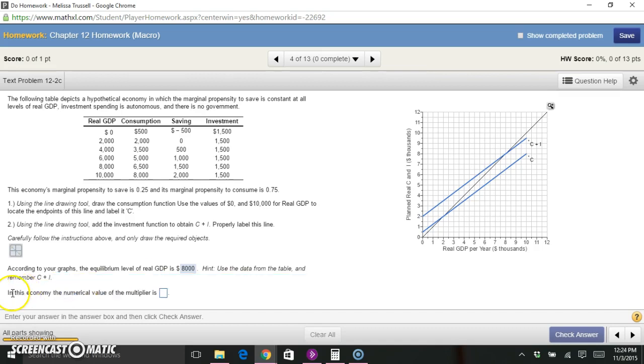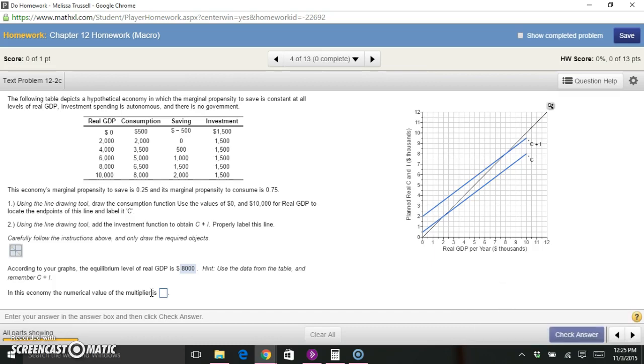The last part asks us for this economy's numerical value of the multiplier. The multiplier is the number you have to multiply by the change in C plus I in order to figure out the resulting change in GDP.